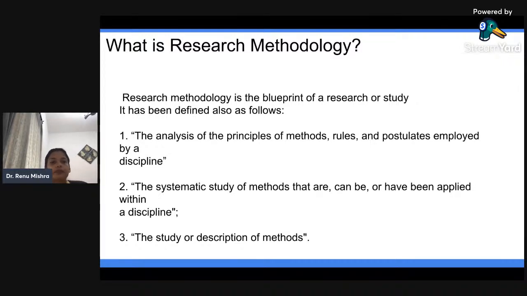It tells you what method you will follow, the way of collecting the data, how you will analyze the data, how you will explain the data, and basically you give justification for what you have chosen.